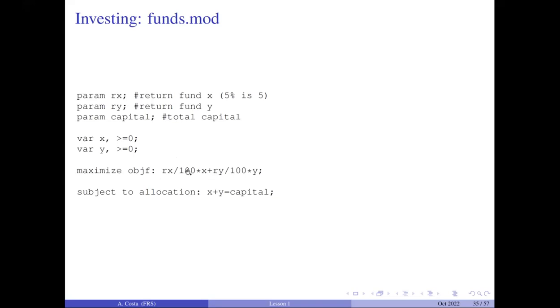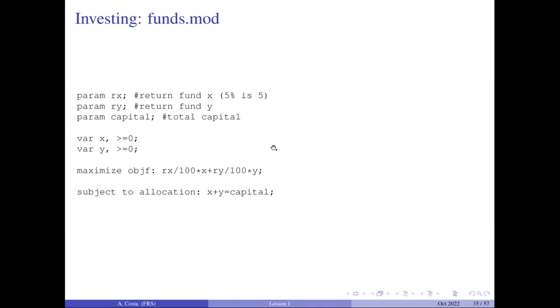So the total return is Rx, the return of X over 100, times X, where X is the amount of capital we allocate to X, plus the return of fund Y over 100 times the amount of capital that we allocate to fund Y. The constraint is that the total allocation to X and Y must be equal to the capital we have. So we also assume that we don't keep cash. We invest everything. So this is the model we have so far.